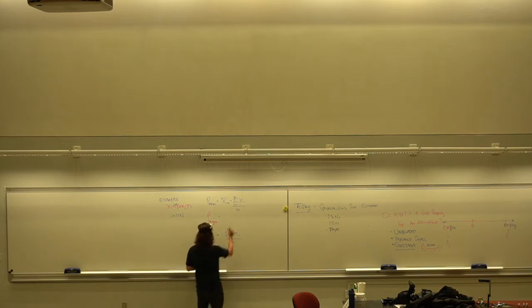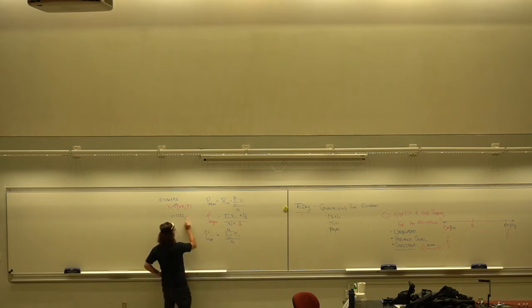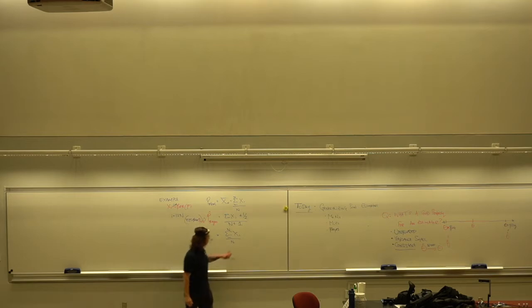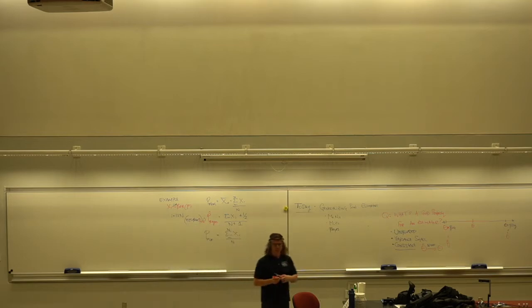And then this thing looked like the sum of the Xi's plus 1/2 over n plus 1. So this was assuming our prior distribution was a beta with my two parameters, half and a half.